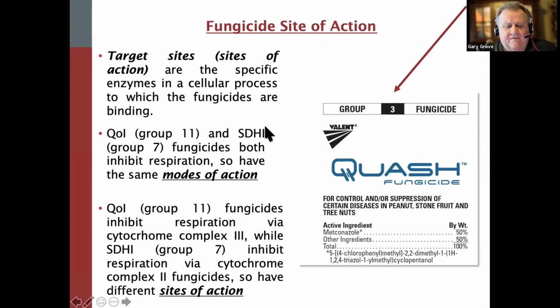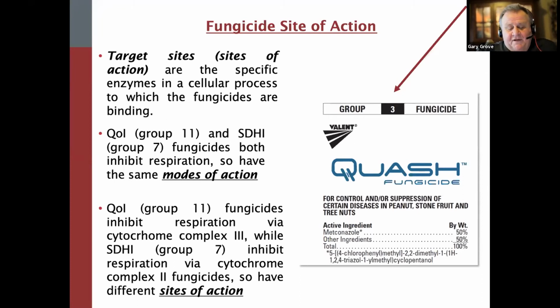Okay. Fungicide site of action. This is really important as we proceed because it's how the different FRAC groups have been constructed. The target sites are specific enzymes in a cellular process to which the fungicides are binding. So in terms of the group 11s, the QoIs, or strobilurins, and the SDHIs, group 7s, they both inhibit respiration, or the Krebs cycle.